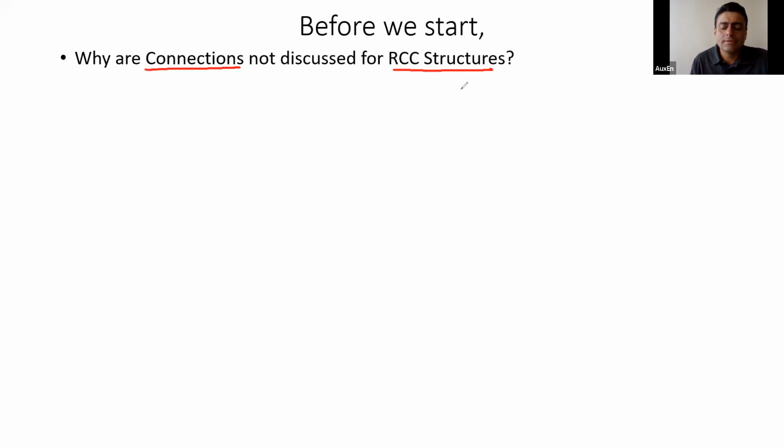We may discuss connections for precast, but we do not discuss connections for RCC structures. So why is it so? Anyone? You can just type in the chat box if you want to give an answer.